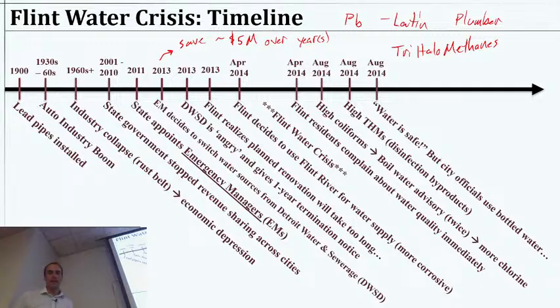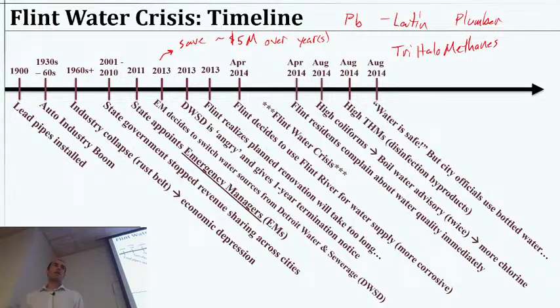Okay, at this time, the Flint city officials are insisting that the water is safe. Now, a couple minutes ago, I reminded us that, well, technically speaking, it can taste bad and be safe. I mean, some of you drink tea and stuff, and people might say that doesn't taste good, but it's safe, right? But the thing is, the city officials were also purchasing bottled water for use in their office.